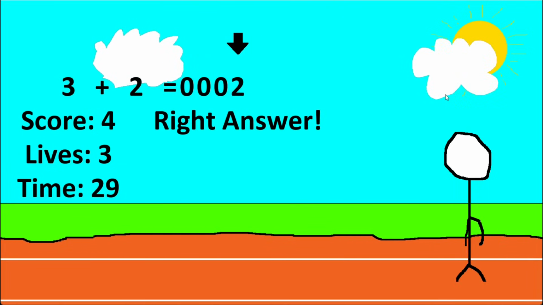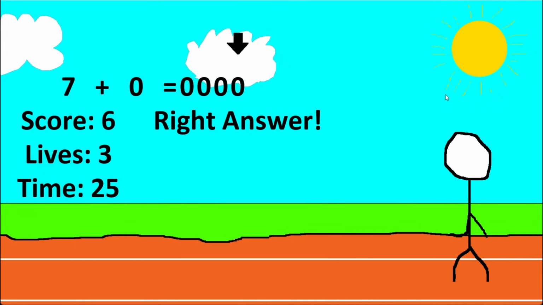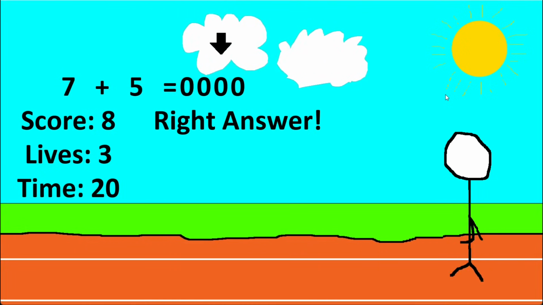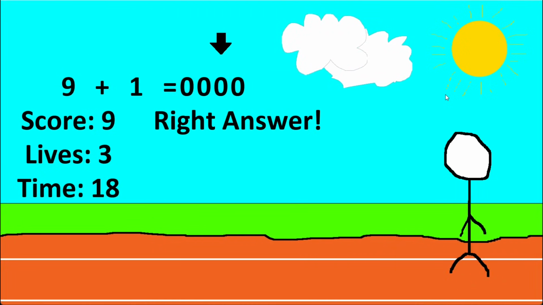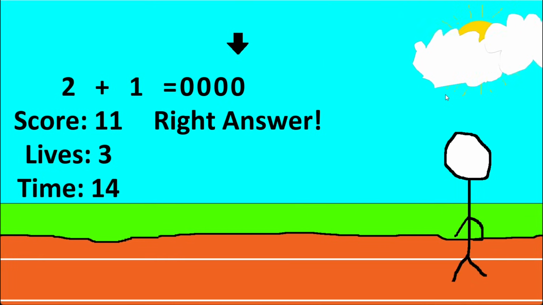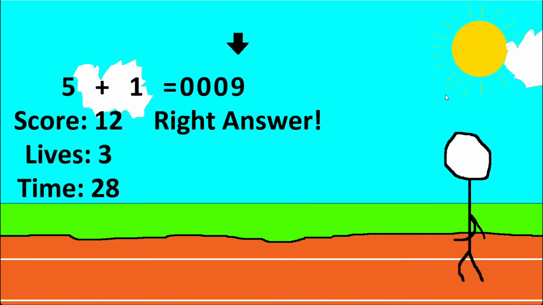Anyways, here it gave me the same problem twice. Admittedly, I do have plans to continue updating the game post-release. Maybe add some multiplication and division problems, and also maybe a high score or leaderboard.